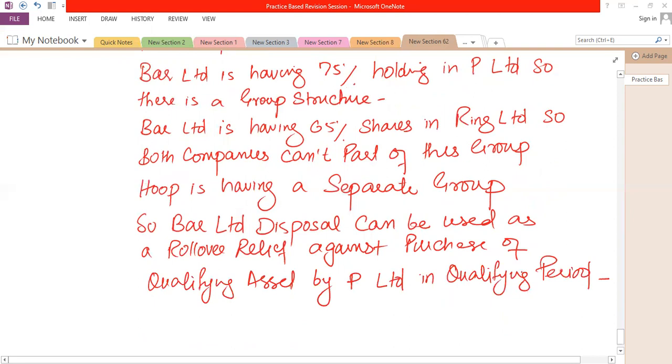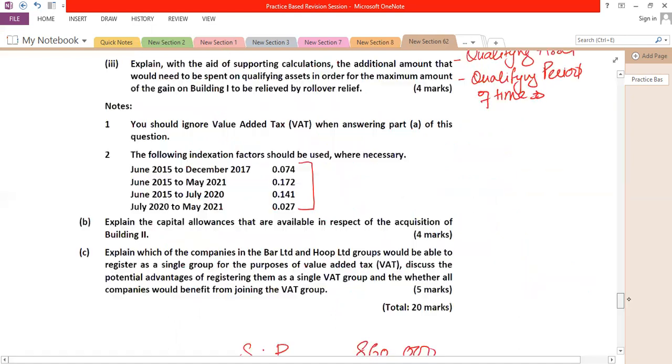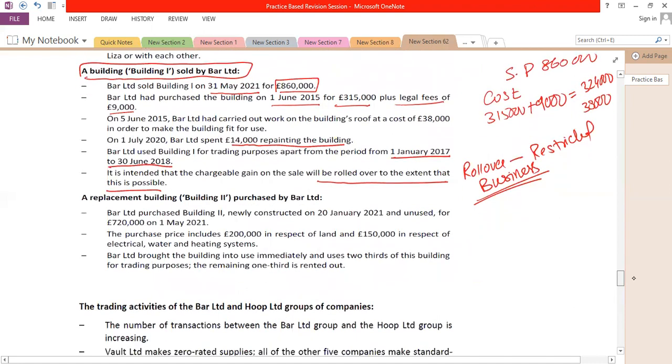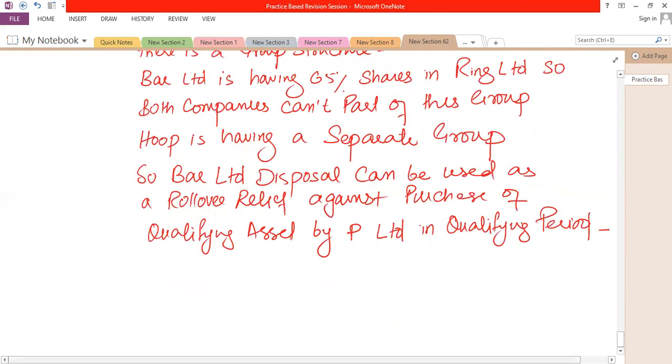And the date, what is the date? What is my disposal date? Disposal date is 31st May 2021. So the time period will be 1 year before.